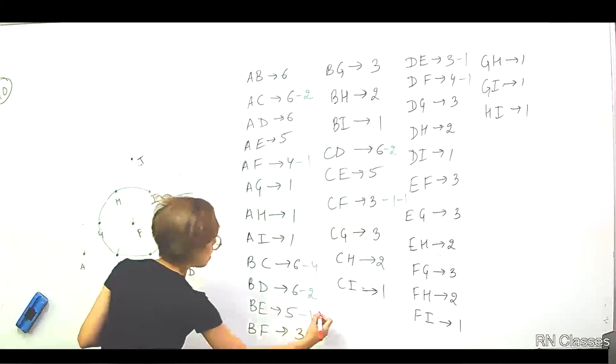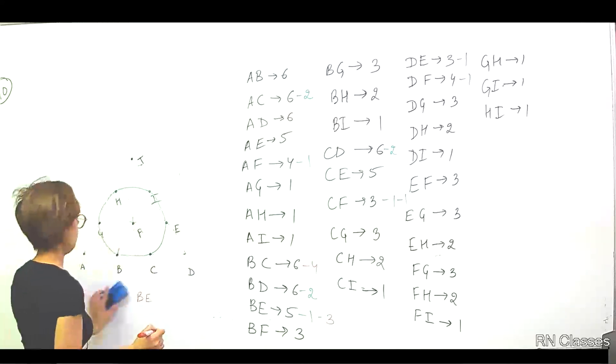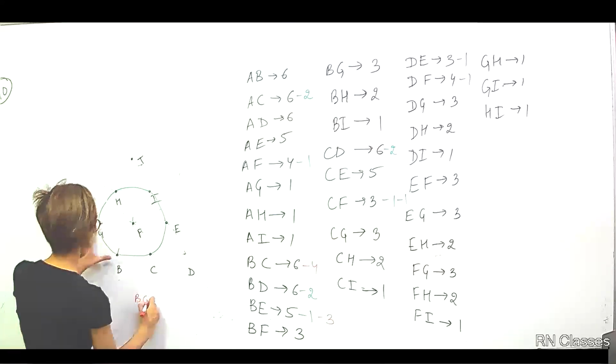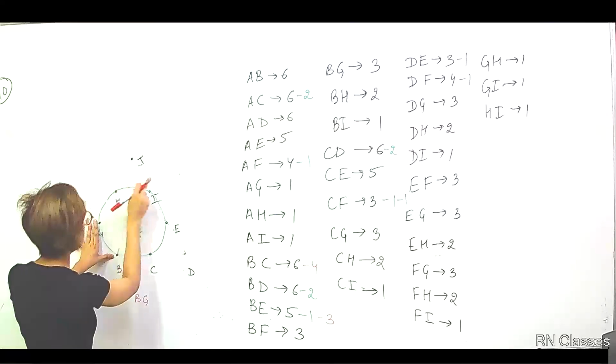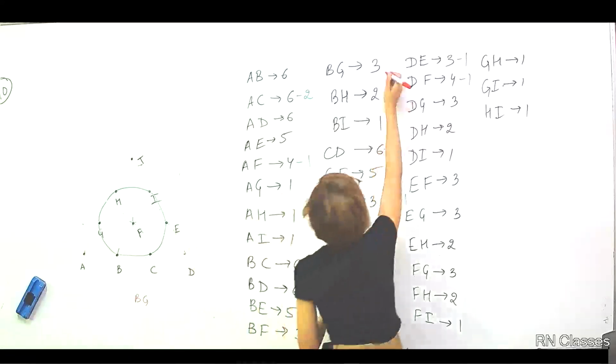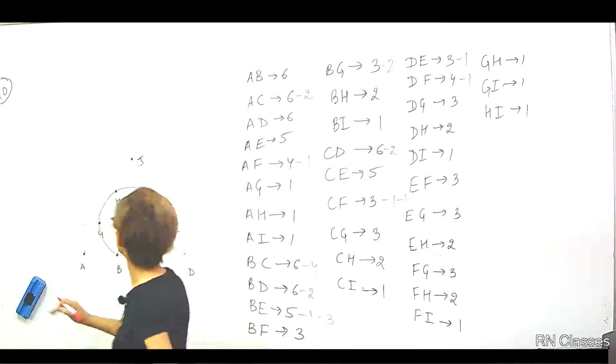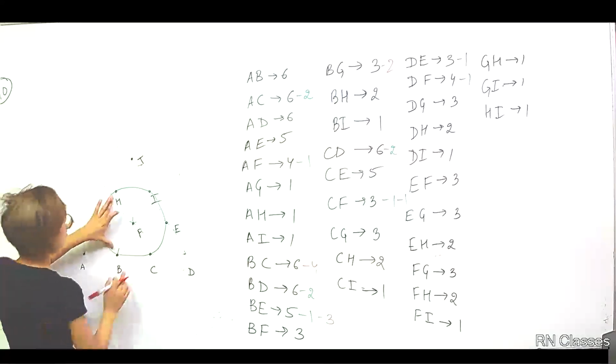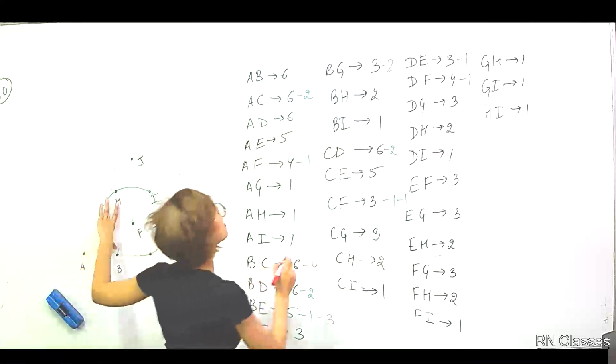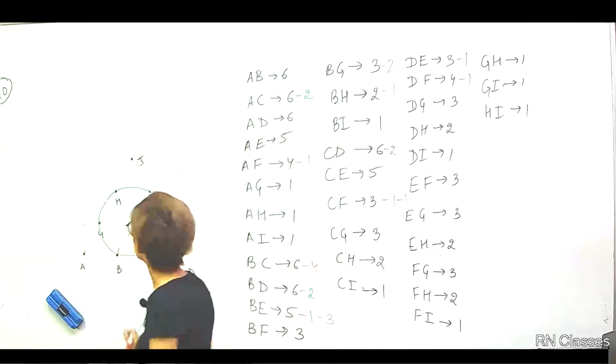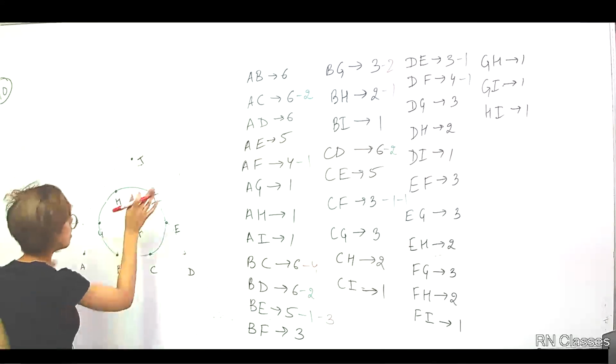So BE minus 3. So BG, I must have counted it twice: 1, 2. BG minus 2. Then BH, I must have counted it once. So BH minus 1. So B is exhausted.